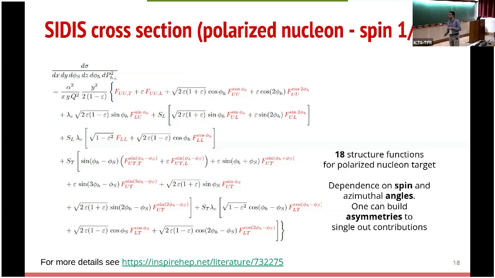So if you know that the Sivers function goes together with this sine of phi h minus phi s dependence, it's actually good to make a Fourier analysis of your signal and single out exactly that contribution. So this is the description for the polarized nucleon, okay, spin 1/2.